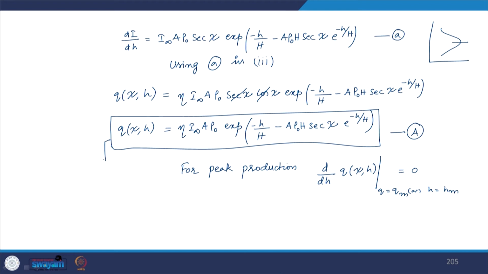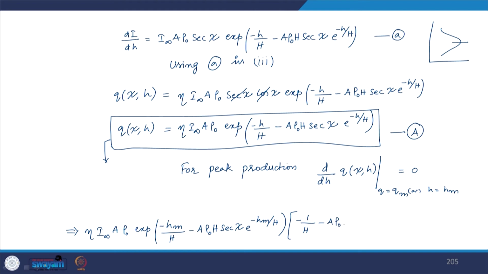So we take a derivative of this with respect to height, and then equate it to 0, which implies that eta I infinity a rho naught exponential minus hm, so I have substituted h with hm, minus a rho naught h secant chi e to the power of minus hm by capital H, times minus 1 by capital H, minus a rho naught h secant chi e to the power of minus hm by H into minus 1 by H, is equal to 0.